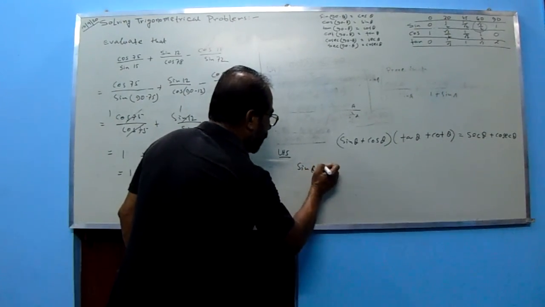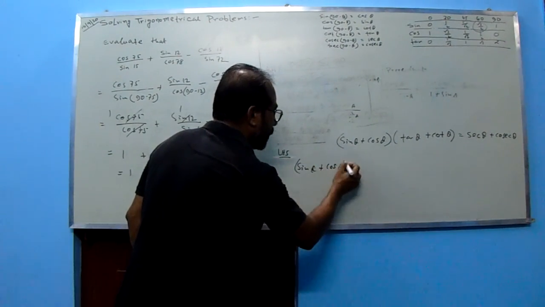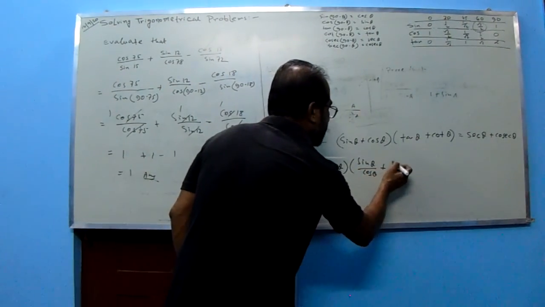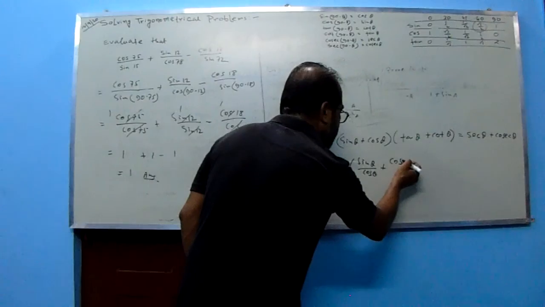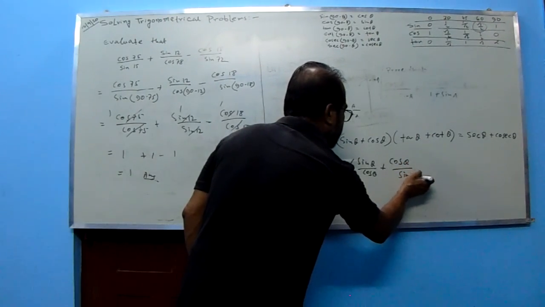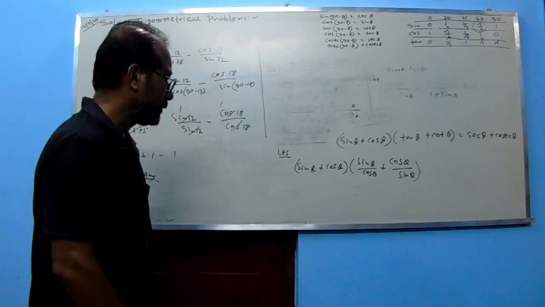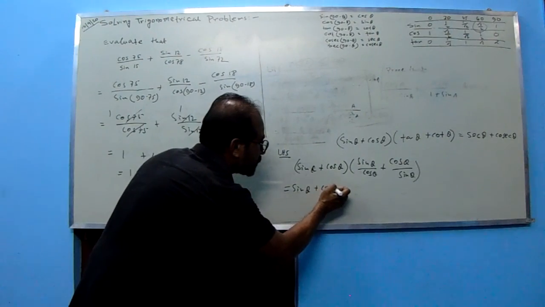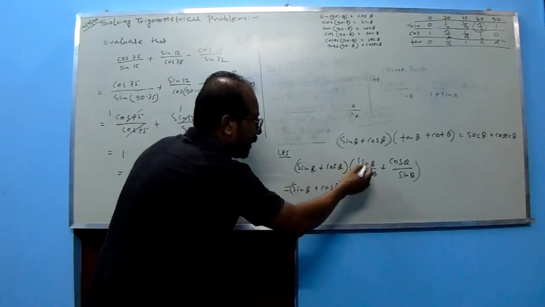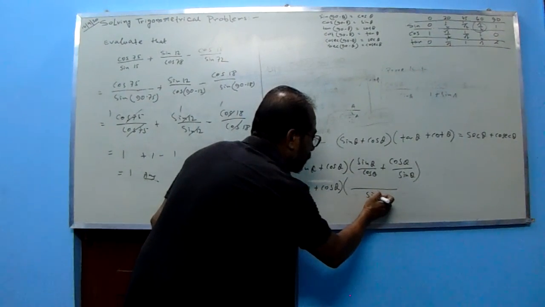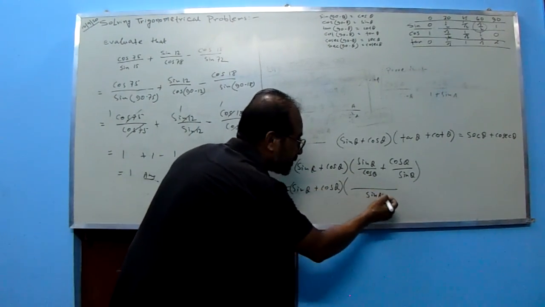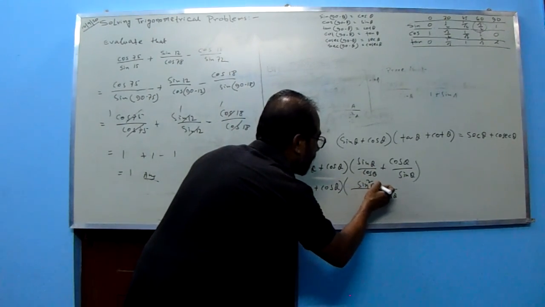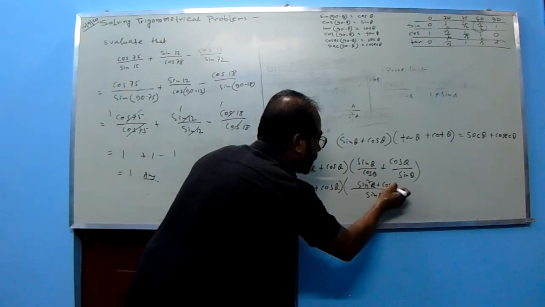Sin theta plus cos theta times sin theta by cos theta plus cot, just the reverse of this, cos theta by sin theta. Here sin theta cos theta is to be taken as the LCM. So the numerator will be sin square theta plus cos square theta.